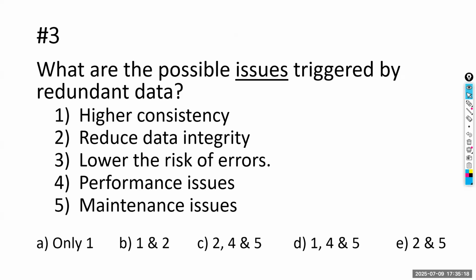It's basically a challenging question. So integrity means relatedness. They ask for issues. Okay, so issues must be negative things at least, right? Issues are not positive things.